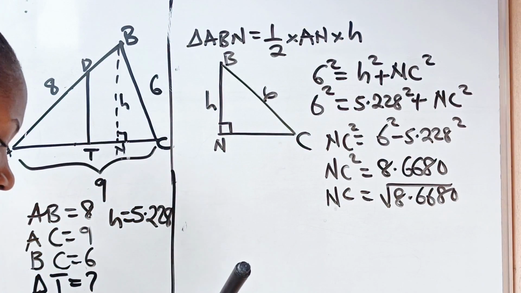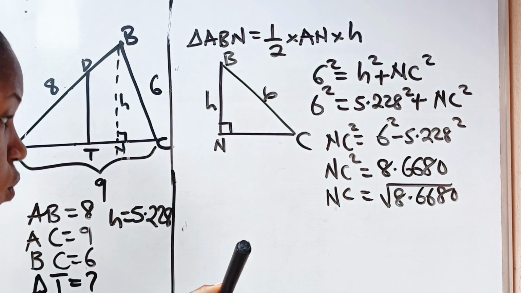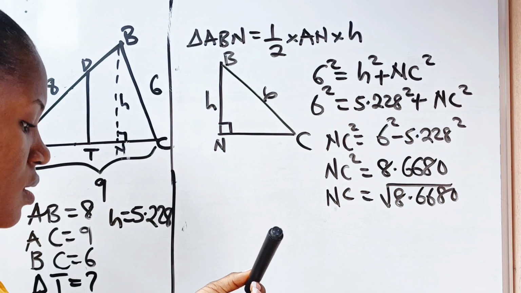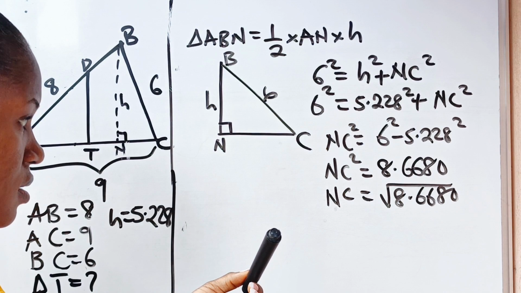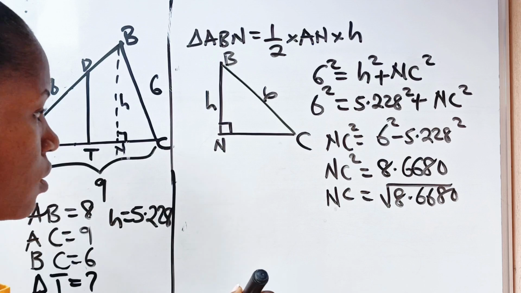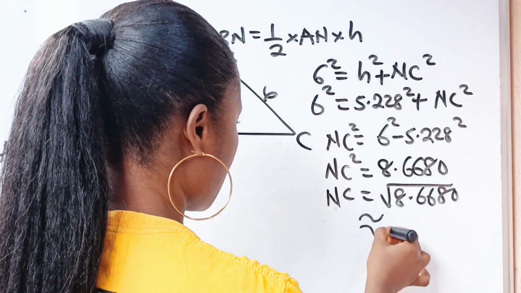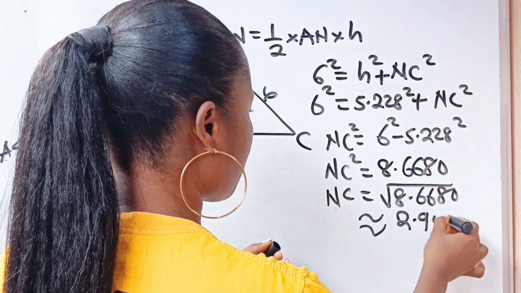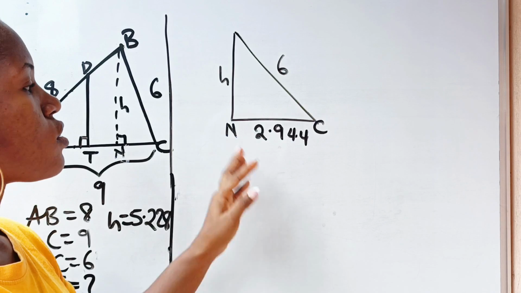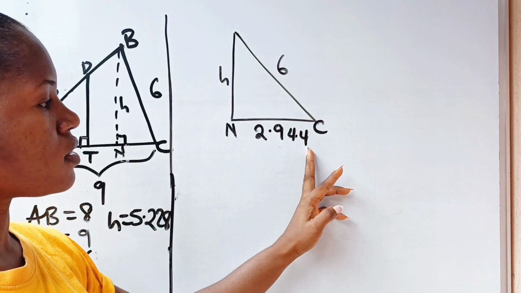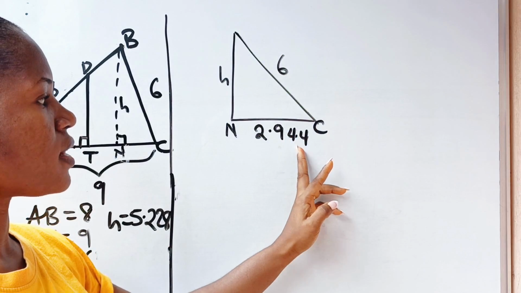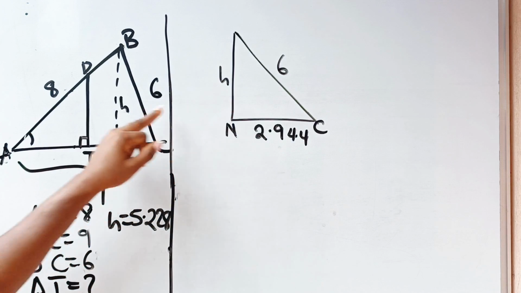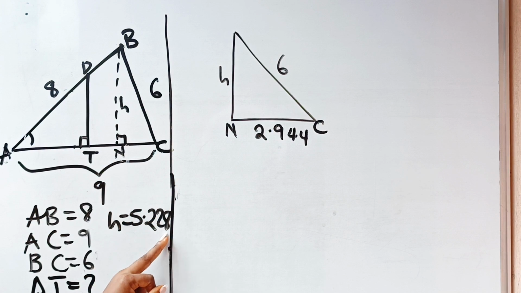Now let's find the square root. The square root of 8.668 is approximately 2.944. So from what we calculated, NC is 2.944. Remember that our height is already 5.228.